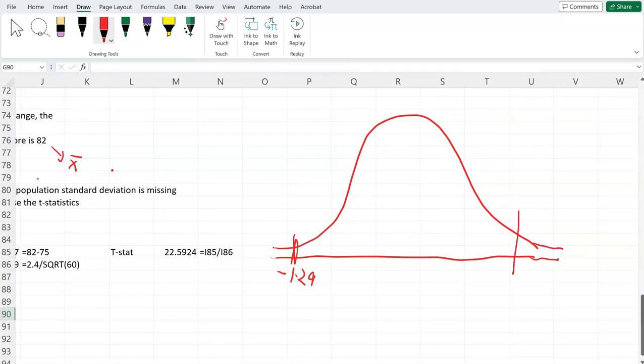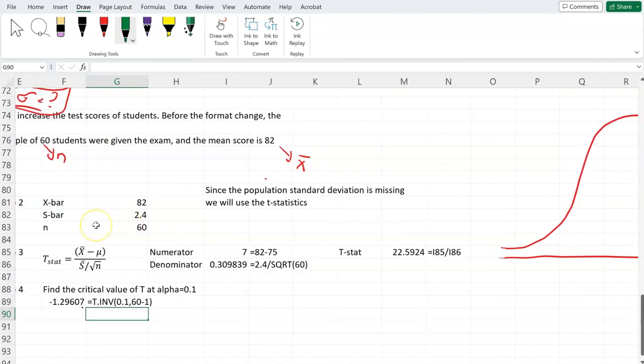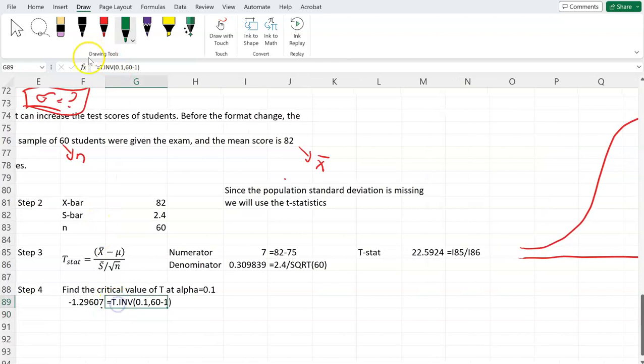Since it's symmetric, we can just write 1.29 and eliminate this. So if my t-stat falls anywhere here, we reject the null. Now, I will write the t value as negative that, just to make it easier, so that we are not dealing with a negative value.